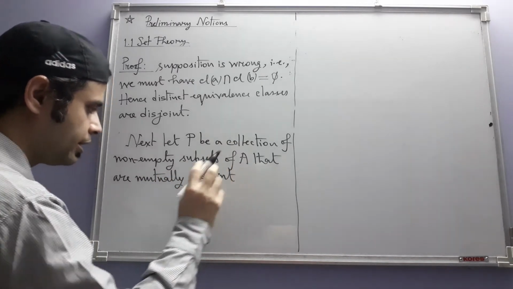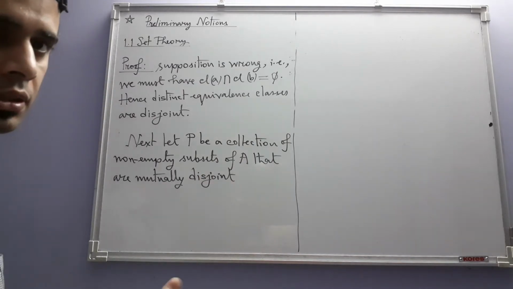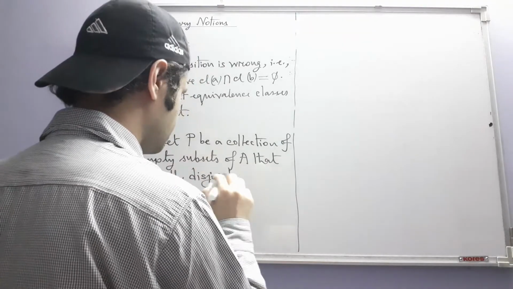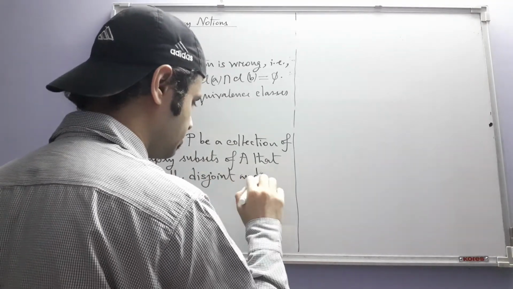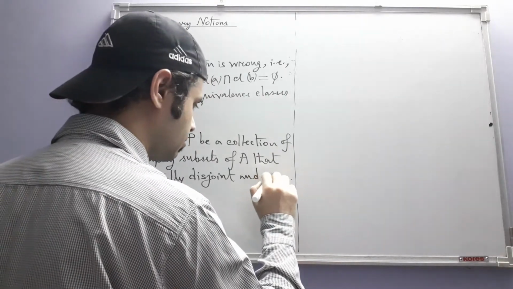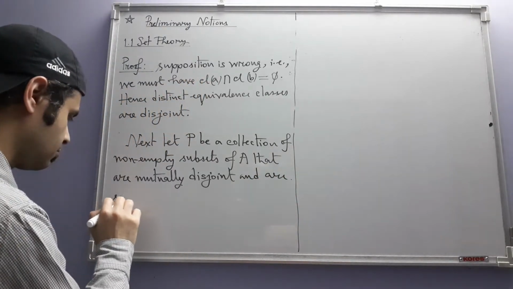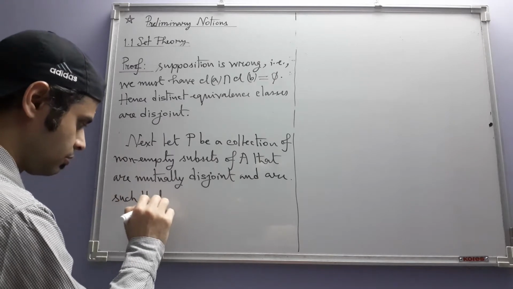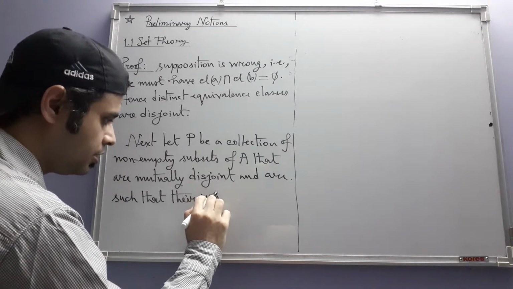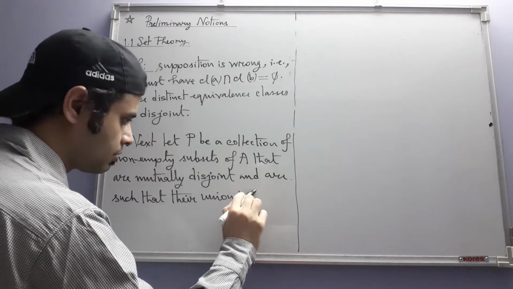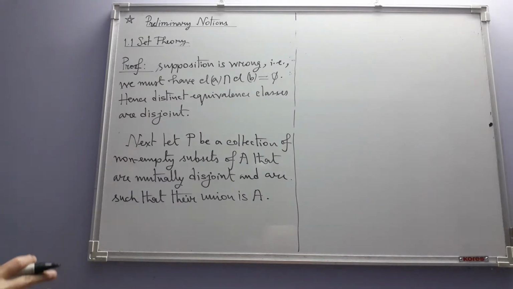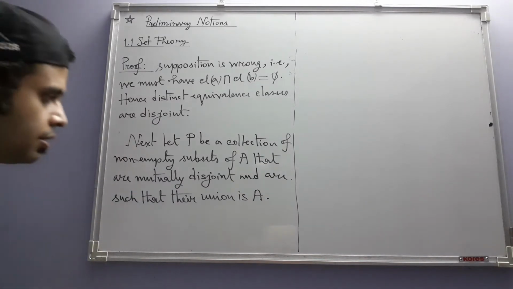That is, you take any two sets from that collection, they are disjoint. And they are such that their union is A. Now, using this information, we are going to define an equivalence relation.